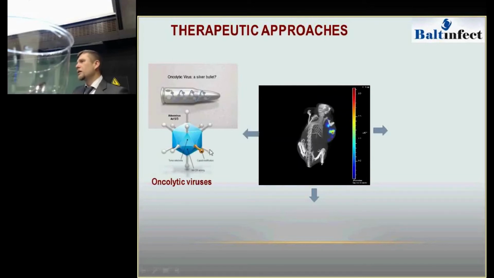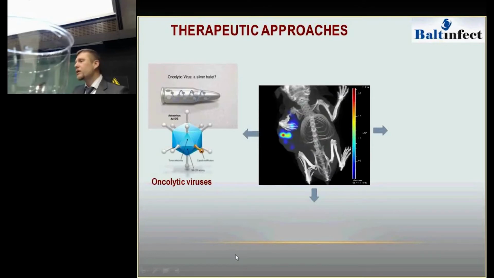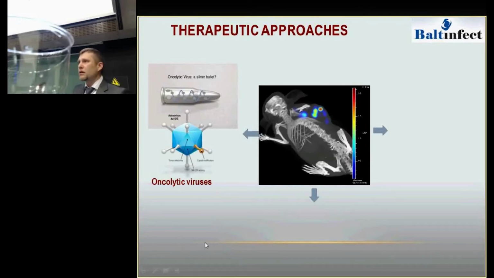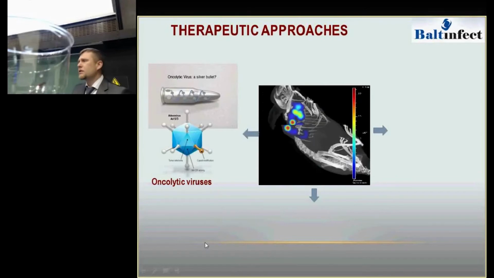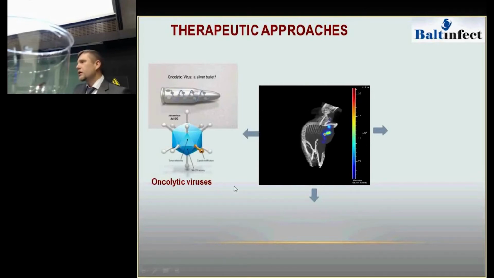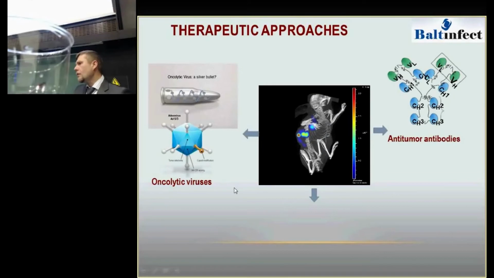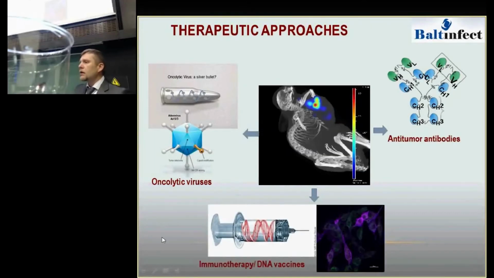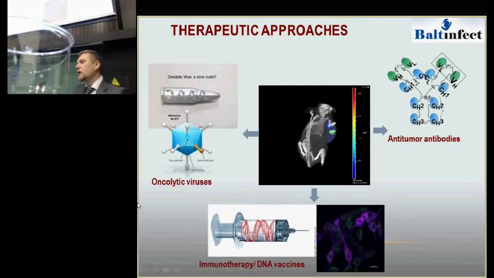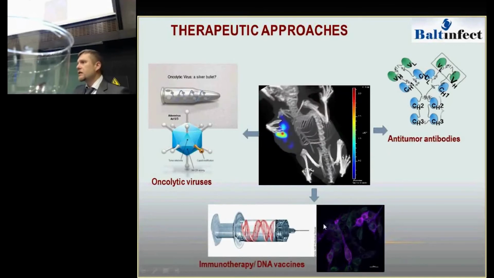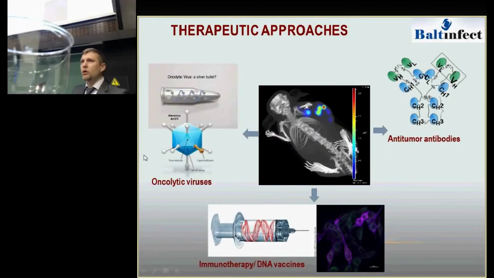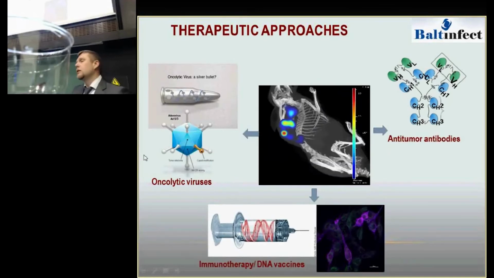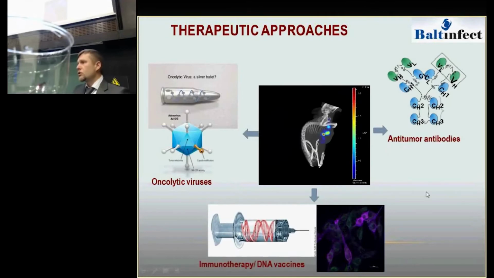Of course, you remember he thought about the magic bullet, and he discovered the blood-brain barrier first experimentally, but he didn't know that he discovered it. So we used oncolytic viruses. We used anti-tumor antibodies. And now we started together with our collaborator. We are going to start some immunotherapy and DNA vaccines using this model. So this model is quite useful for such investigation.